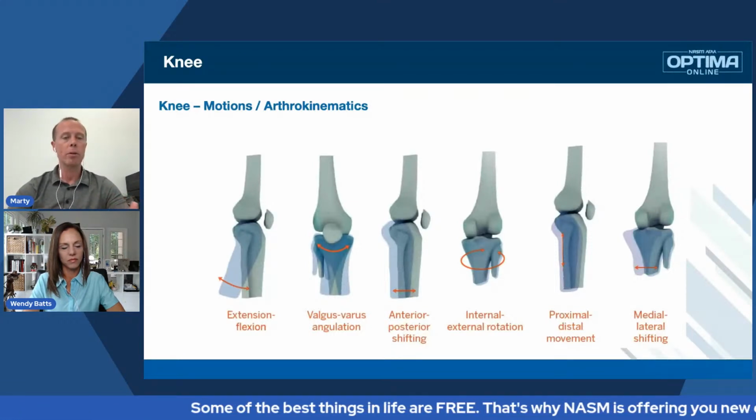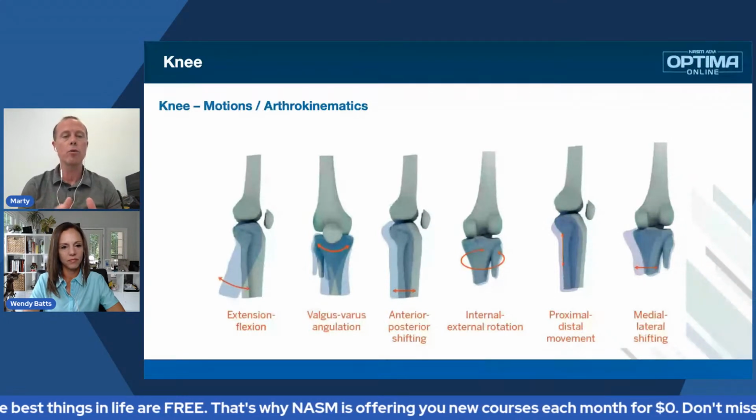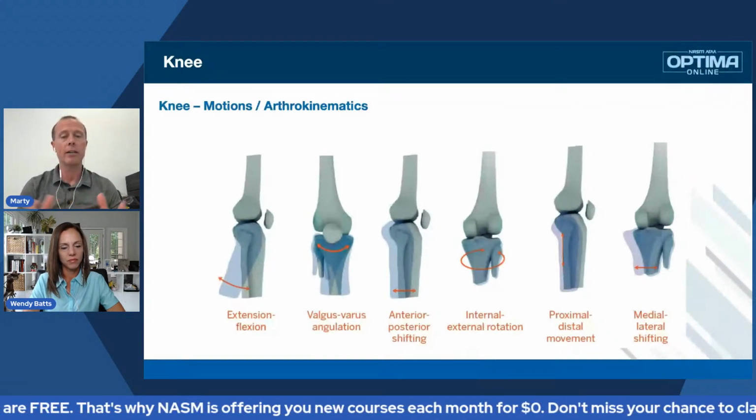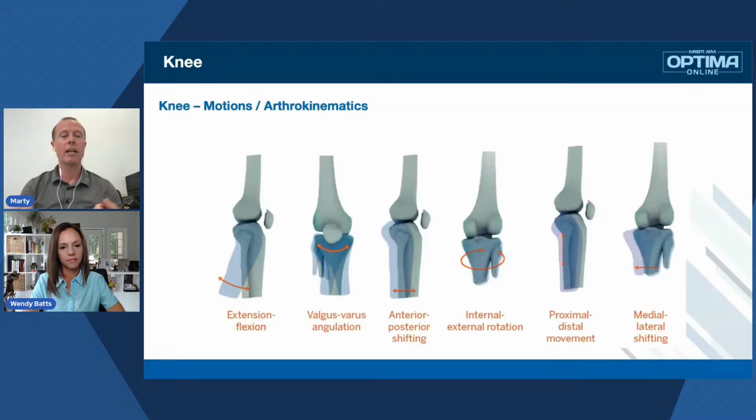Is there a little joint play? Absolutely. And that helps prevent a lot of injuries because the knee can move slightly in the frontal plane in that valgus and varus, but we have a lot of attachments to the bones that would prevent excessive motion. And that's where if we get excessive, we start to tear the medial collateral, the lateral collateral, etc. Those are things we don't want to have happen.